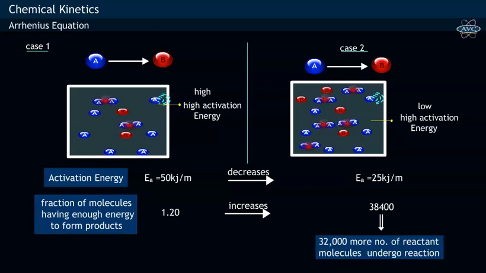That is, 32,000 more molecules are able to undergo the reaction having lesser activation energy. Thus, it may be concluded that as activation energy decreases, the fraction of molecules to react increases.